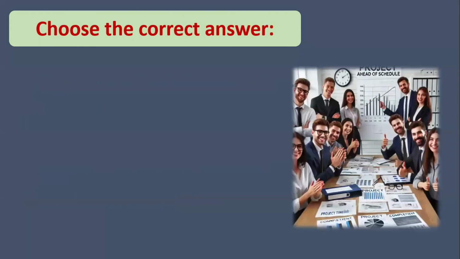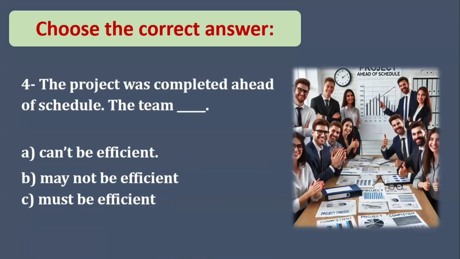Okay, this picture is showing a good team. The project was completed ahead of schedule. يعني تم إكمال المشروع قبل الموعد المحدد. So I want to make an assumption about this team عن الفريق نفسه.